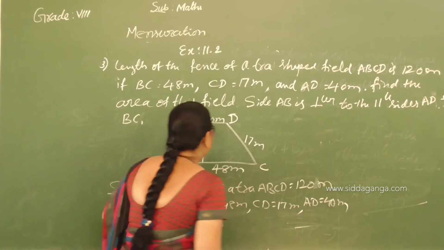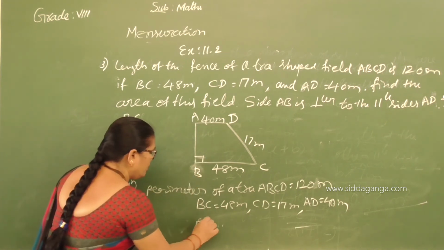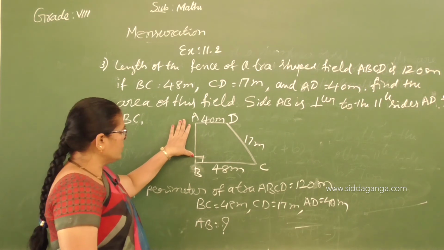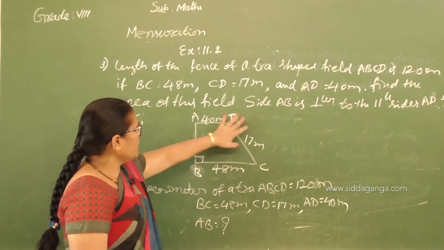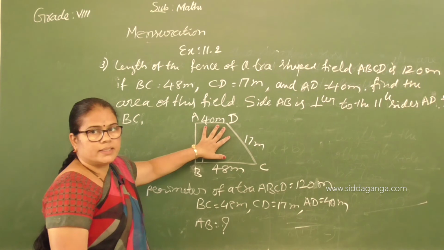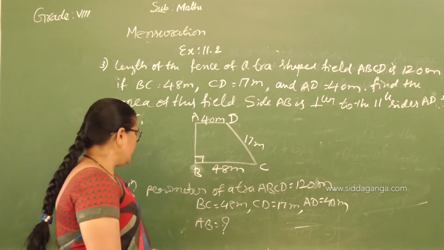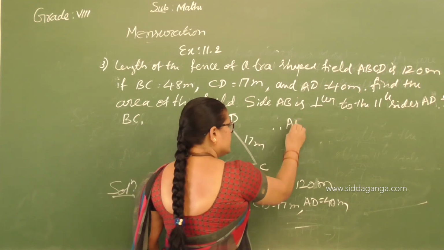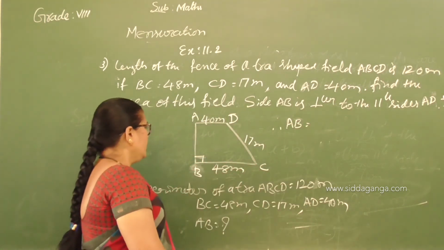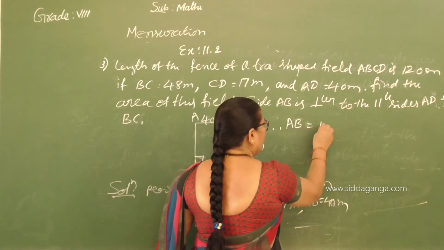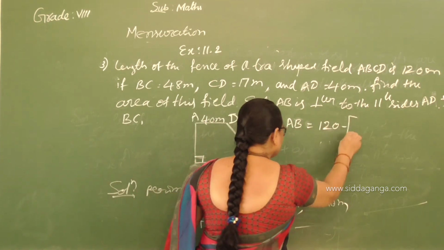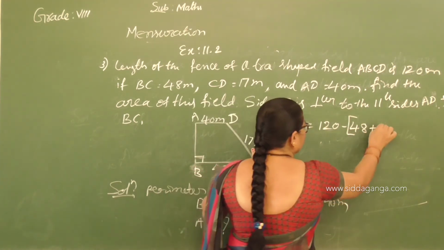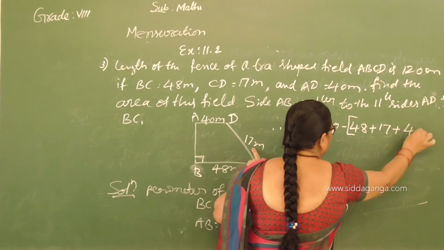We have to find out AB. AB is equal to question mark. AB is equal to perimeter minus the sum of the three sides. Therefore length of side AB is equal to 120 minus of 48 plus 17 plus 40.